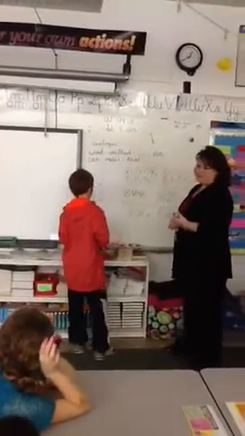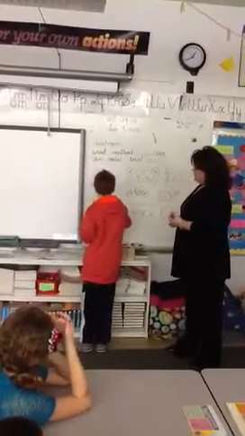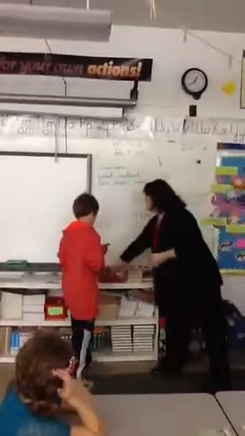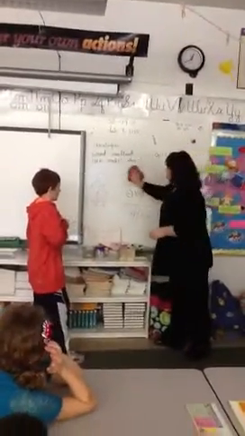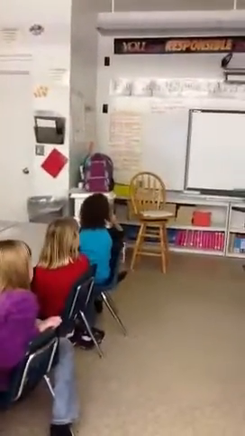Let's see if Carson's doing this. Okay. Does everybody agree? Yes. Who disagrees? Kaylee, what do you disagree about? He needs to label it. Yep. So go ahead and label that problem.